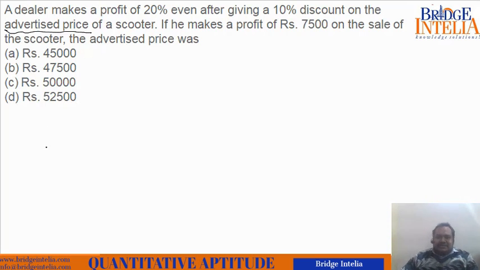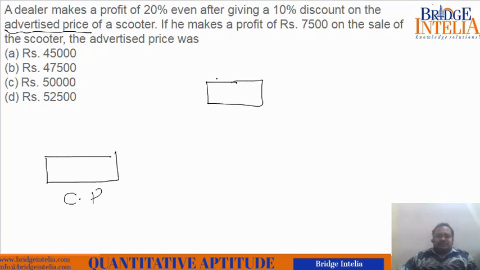So let us see. So let this be the cost price. This be the marked price. So what do we know? And this be the selling price. So let this be equal to 100x.